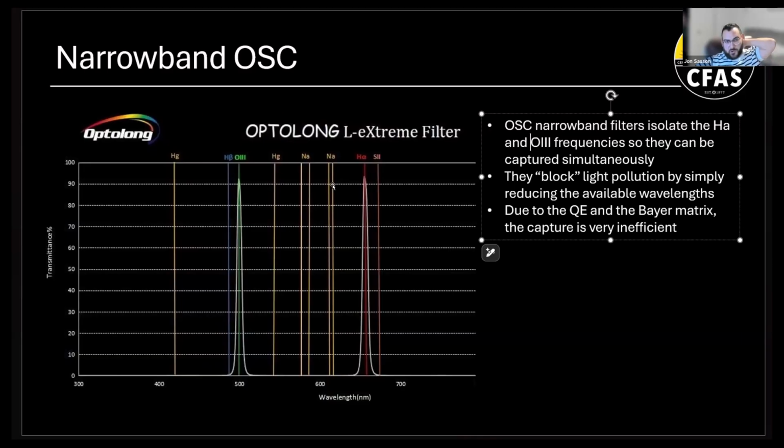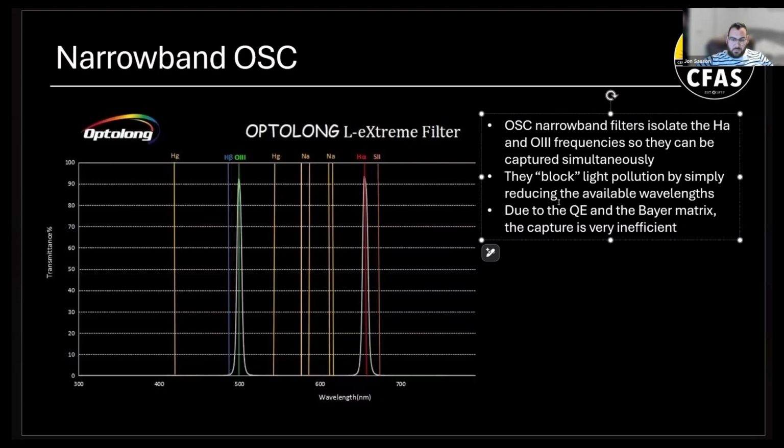They're showing you those because street lights used to be sodium and mercury. So if you're blocking those wavelengths, you're avoiding a lot of light pollution. They're blocking light pollution by simply reducing the available wavelengths.